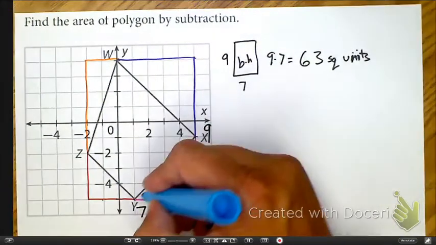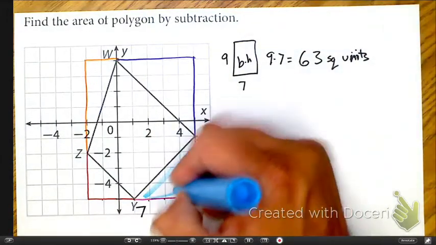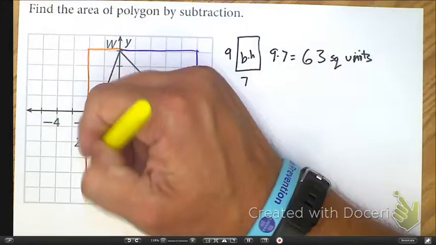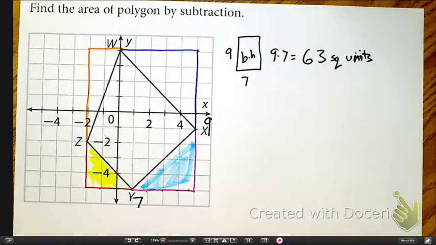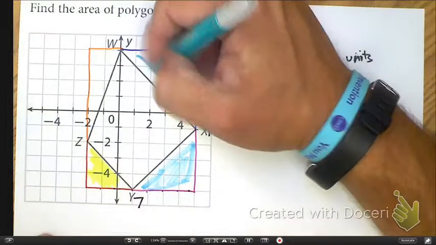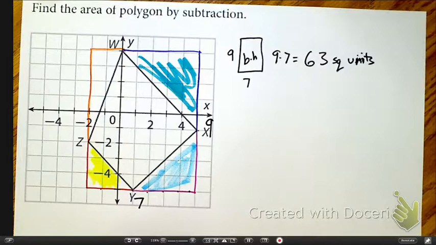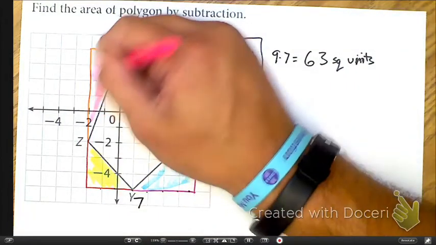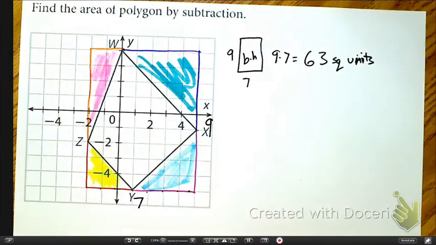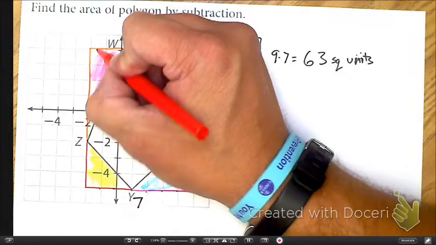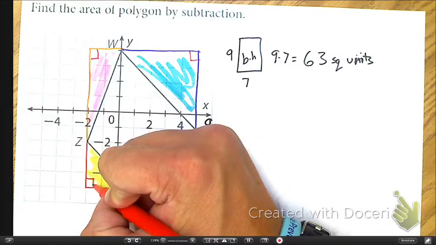We're going to find the area of this triangle, this triangle, this triangle, and this triangle here. Fortunately for us, because we used our coordinate grid to construct these triangles, each and every one is a right triangle, and that makes our math much nicer.